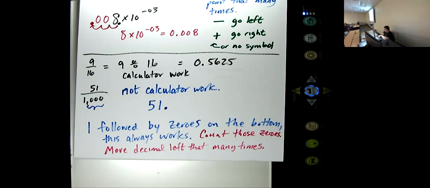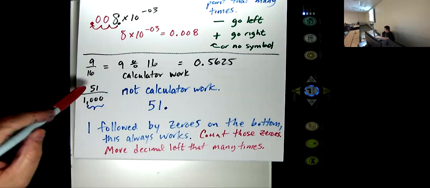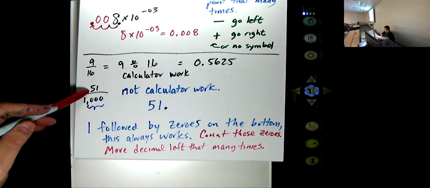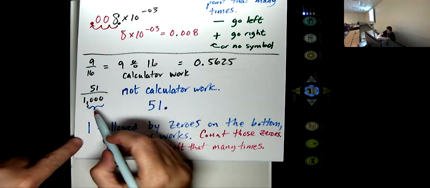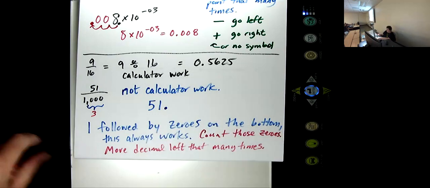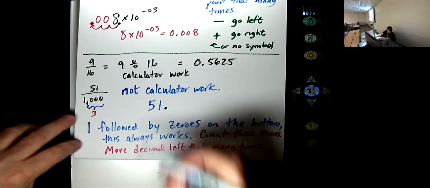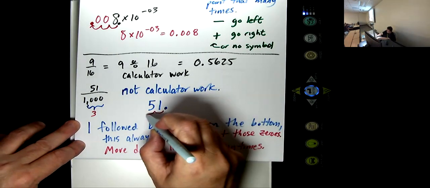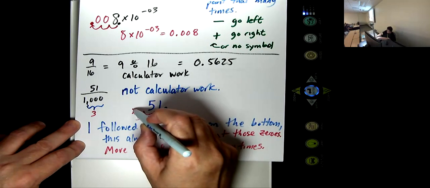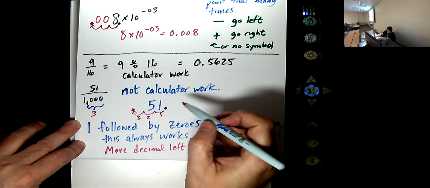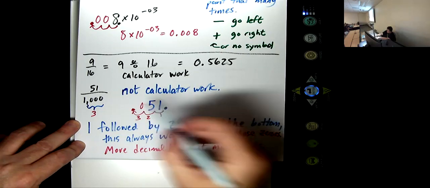If there's no decimal, you put the decimal at the end of the number, like 51. The fraction doesn't have a decimal in it, so I just put it at the end to start with. Now, if I count those zeros, I've got 3 zeros. So I'm going to move that decimal left 3 times. 1, 2, 3. I'll put the point there. I got to fill in a 0.